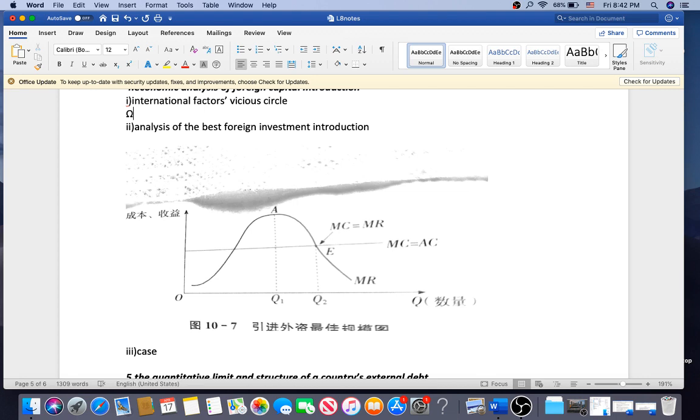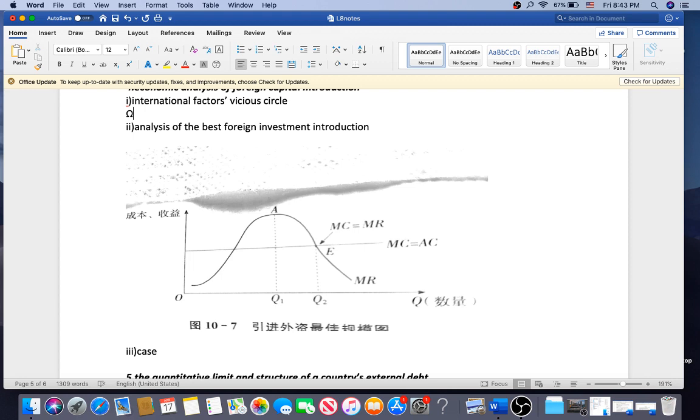The quantity is equal to Q1 at point A. At point A, that amount can yield the most profit. The x-axis denotes the quantity, and the y-axis denotes the cost or the benefit or the profit. You can just see it as money or economic outcome.